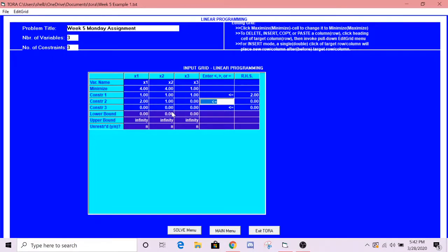So on your keyboard, you should be able to see a greater than sign. You just hit that and it should fill it in. You won't have to hit the equals, but if the equal isn't there, you can just hit the equal on the keyboard. And then we are greater than or equal to 3. The third constraint, we have 2x1 plus 1x2 plus 3x3, and it's greater than or equal to 3.